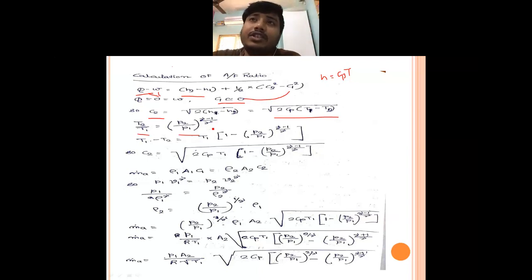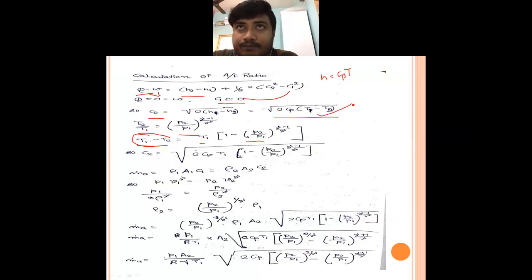So T1 minus T2 will be T1 multiplied by bracket 1 minus P2 by P1 to the power gamma minus 1 by gamma. So T1 minus T2 आ गया ये. We will put this T1 minus T2 value over here.